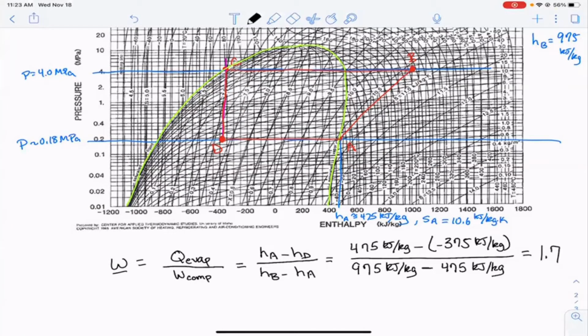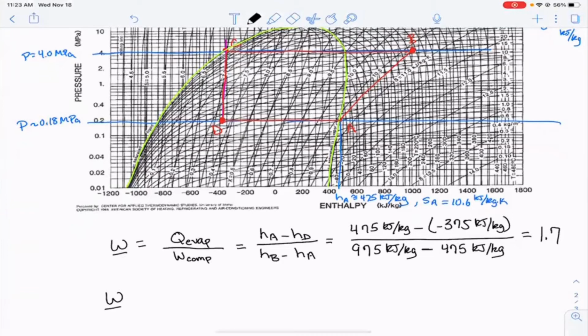The next thing that we could do here is compare this to the Carnot cycle. So we could look at what the coefficient of performance would have been in the ideal case. And remember, that was T cold over T hot minus T cold. Our cold temperature here is minus 20 degrees C, which is 253.15 Kelvin. Our hot temperature was 80, which is 353.15 Kelvin, minus the cold temperature.